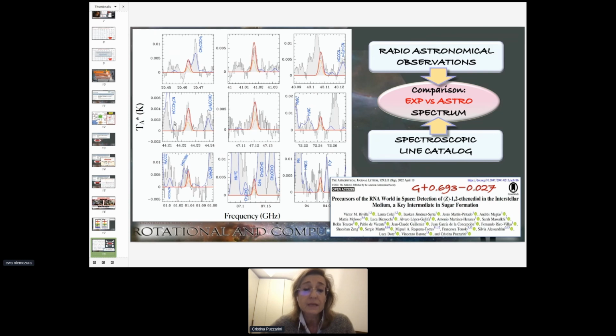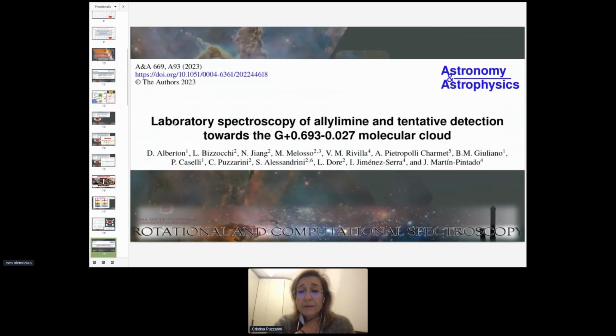And here you can see the comparison between the line spectral catalog within the LTE approximation and the radioastronomical observation. This was actually a detection of this molecule in the G+0.693 molecular cloud. Next slide, please.